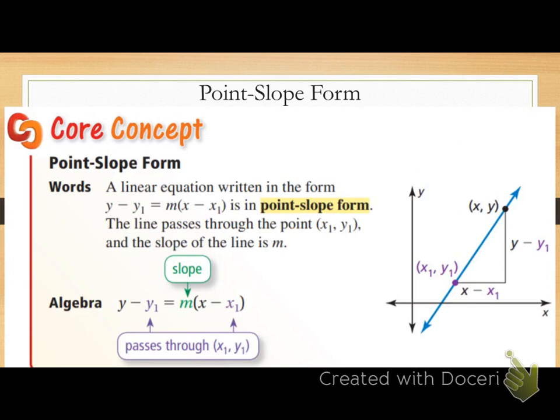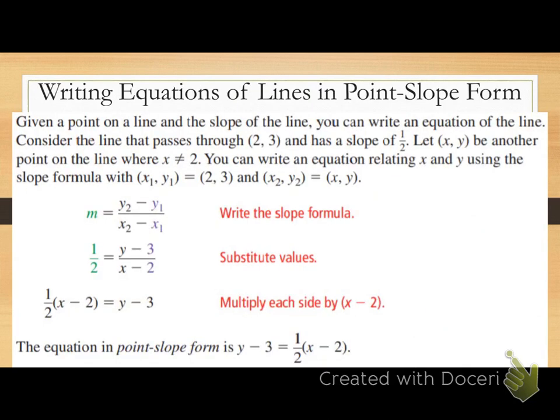So, let's talk about the general formula for point-slope form. I can go back if I need to. So for slope-intercept form, what 2 pieces of information did we need to create an equation in slope-intercept form? What 2 words are in the title?